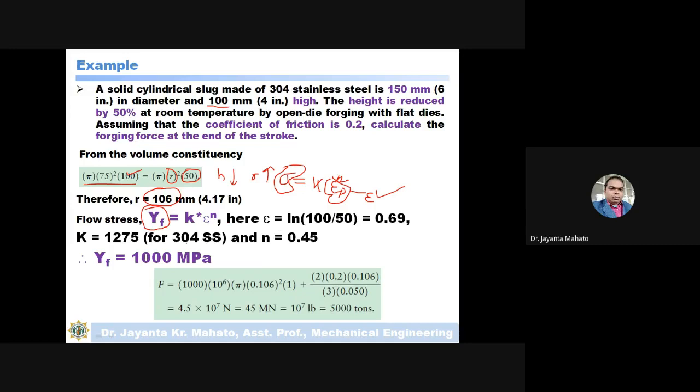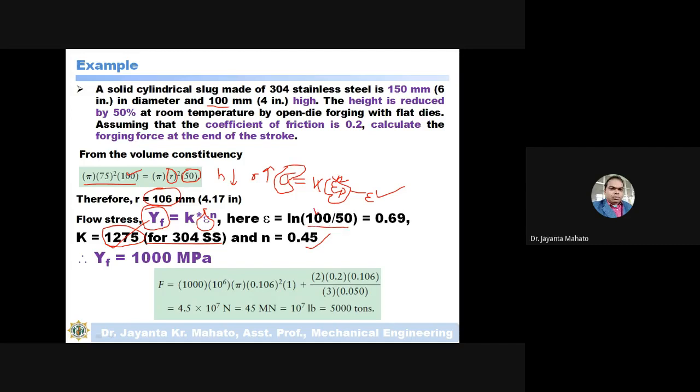The K value for 304 stainless steel is 1275. This value will be given during the examination, and the n value, the strain hardening coefficient of 304, is 0.45. So just putting in K and n, and epsilon is nothing but ln of how much the length will reduce.